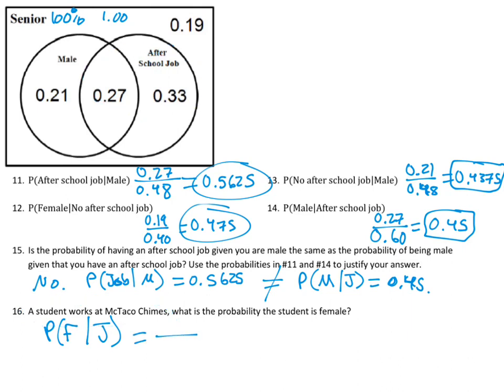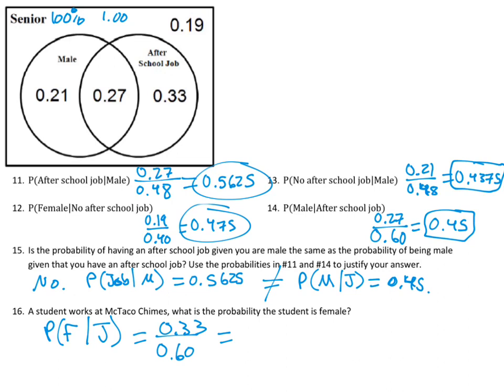And that's this group, which is 0.27 plus 0.33, which is going to be 0.60. And then which of these is female? That's this section here, so it's 0.33. Just take a moment to put that in your calculator and get the decimal.